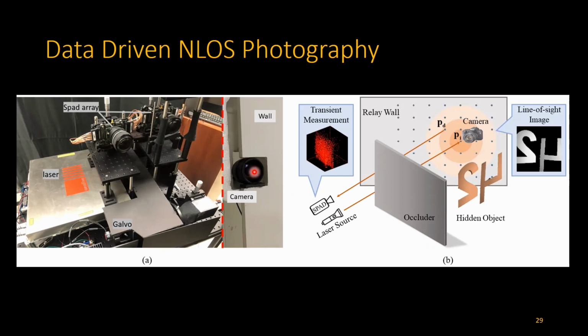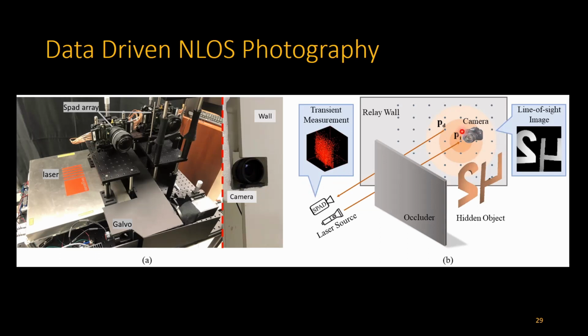And what we did is we just cut a hole in our relay wall and put a camera here. So now we can capture the non-line-of-sight transient data on the relay wall with our NLOS system, and it captures this data cube. But instead of doing a reconstruction from it, we just store that, and we also simultaneously capture a picture of that same scene using just a regular photo camera embedded in the wall.